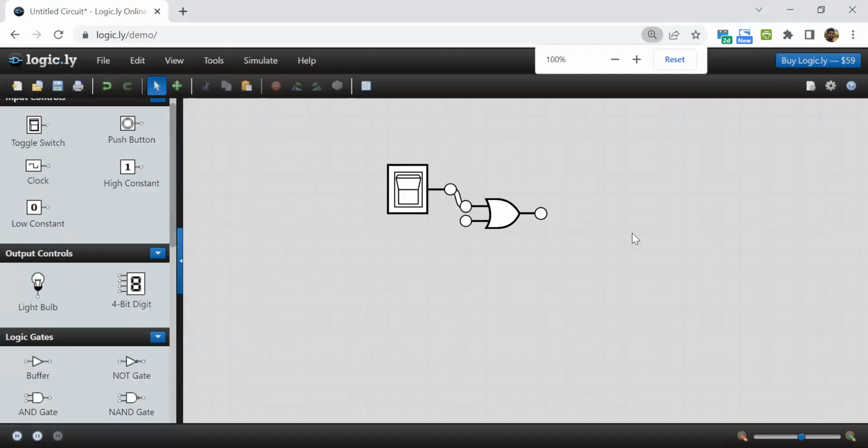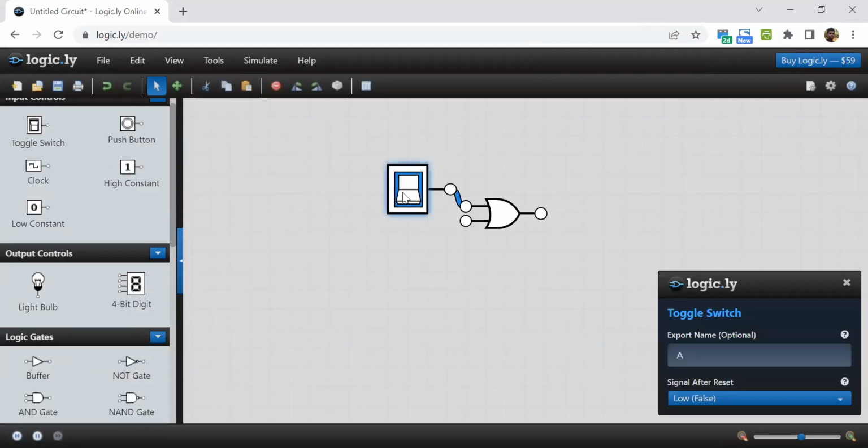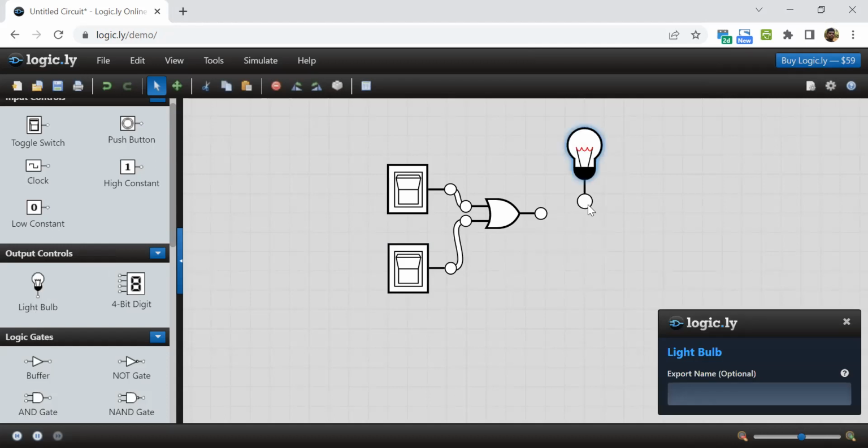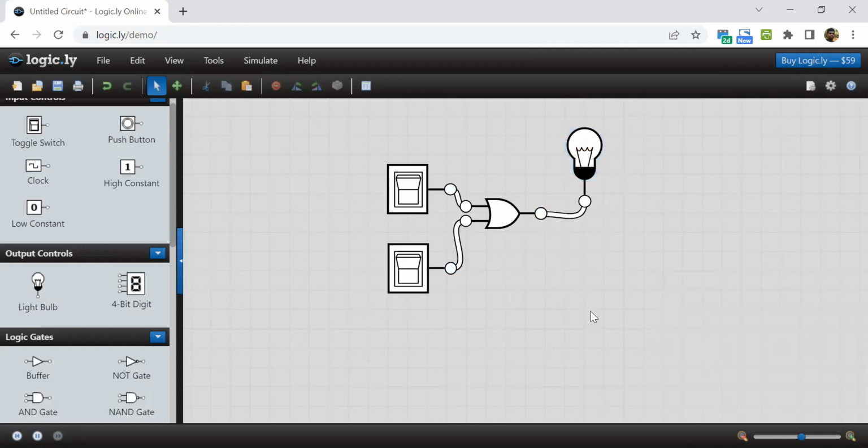I can connect like this. And we have another one, 2 switches. I'm going to connect this and also to this. So now let me put a bulb. Bulb is also connected. Now what is this gate, Kanta?